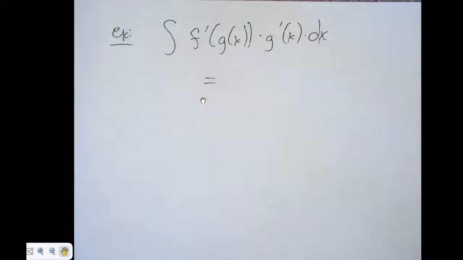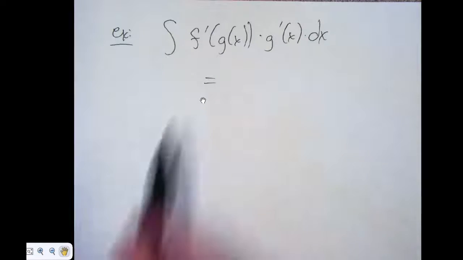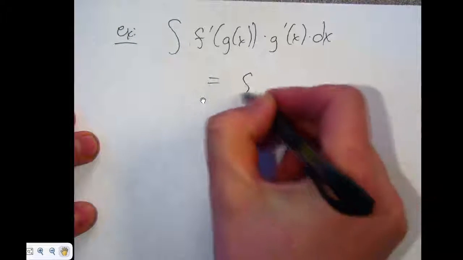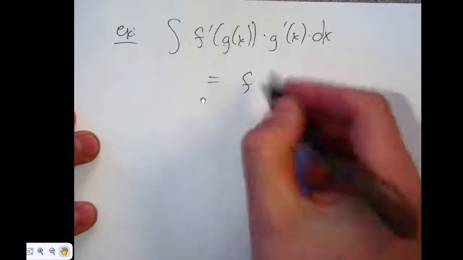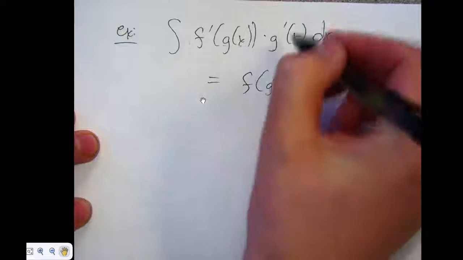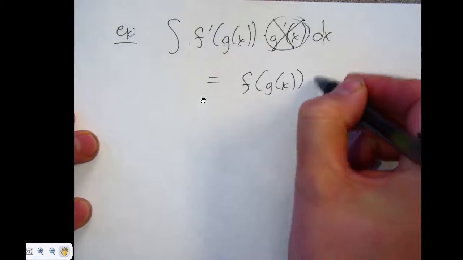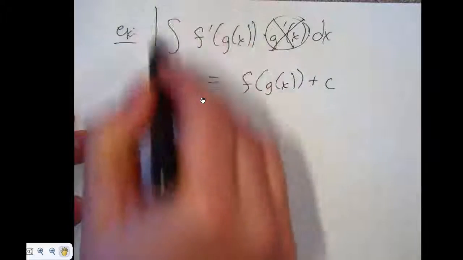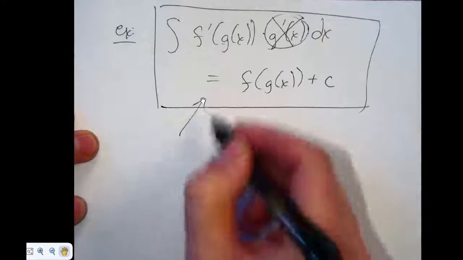So, what's the big guy in this problem? Not F. F prime. So our first job is to integrate the big guy. So what's the integral of F prime? F. What do we do with the little guy? Leave him alone. And then the derivative of the little guy vanishes. So this is reverse chain.